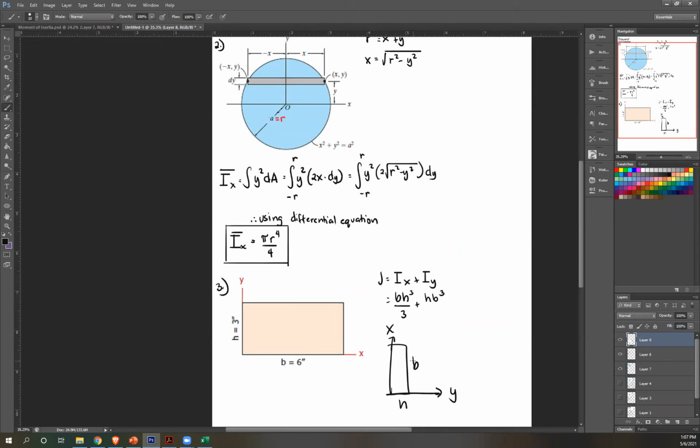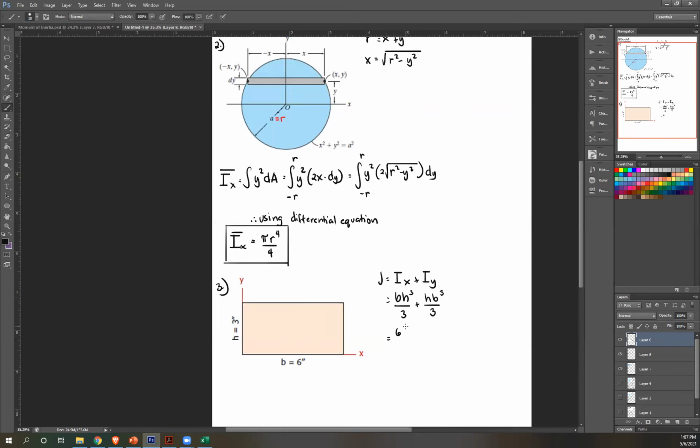Going through what we did earlier in integral calculus, we'll get the equation hb cubed over 3.